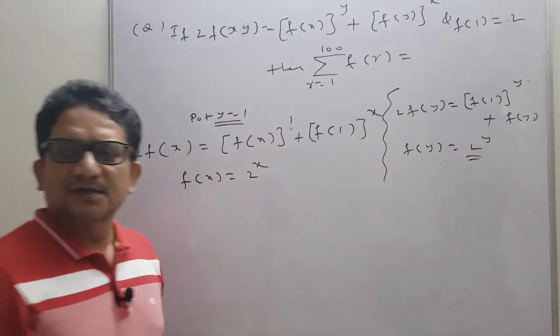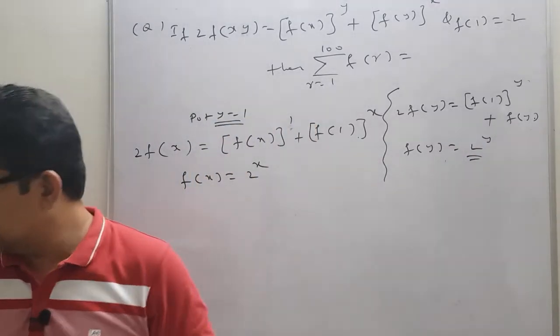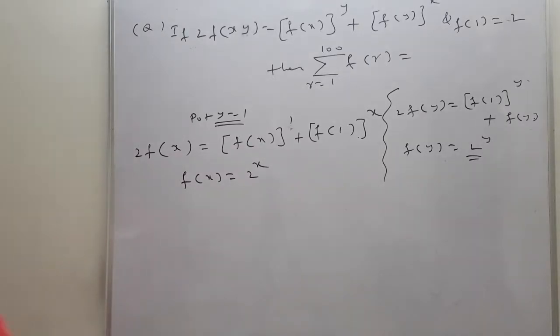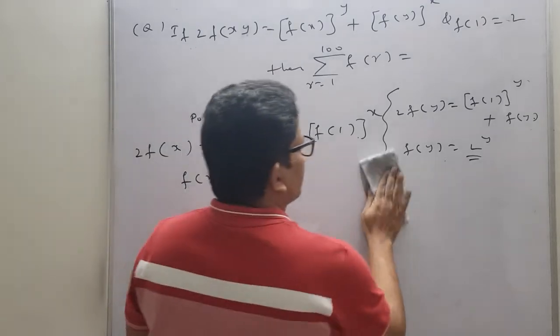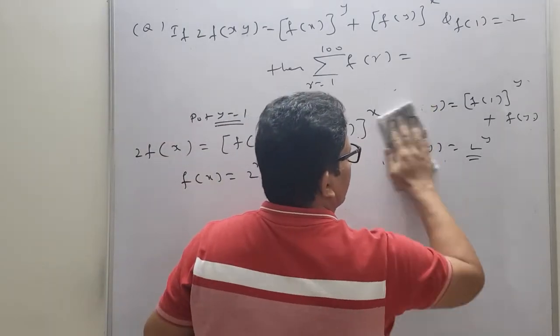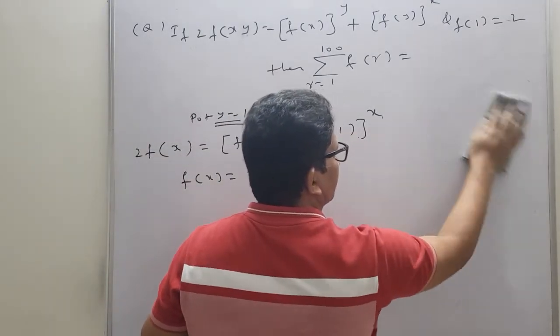So we will always get the function only. So it won't make any sense to take any one value, you can get it.